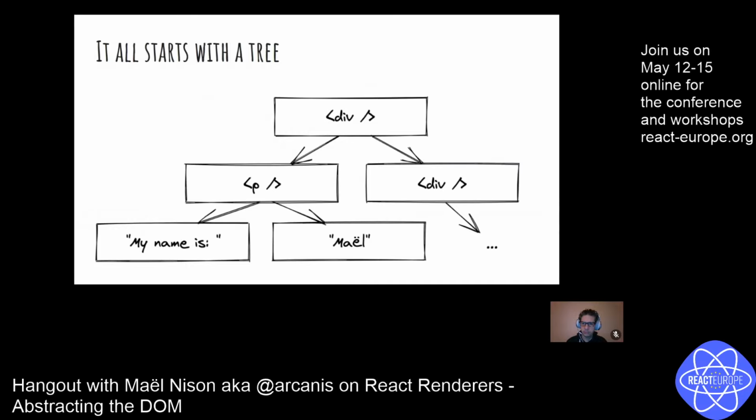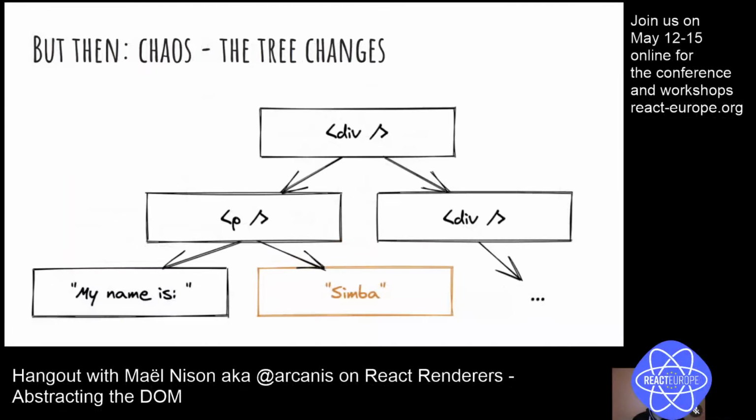Now, what's interesting is that at some point you may replace one node of the tree. For example, here, we don't want to say my name is Maël anymore. We want to say my name is Simba. And when you do this, React will be able to detect that only the Maël node changed.